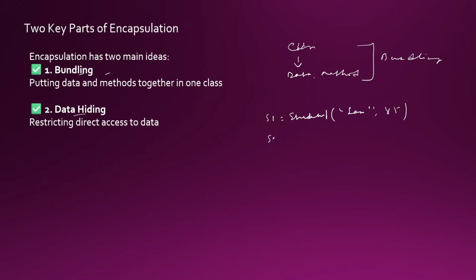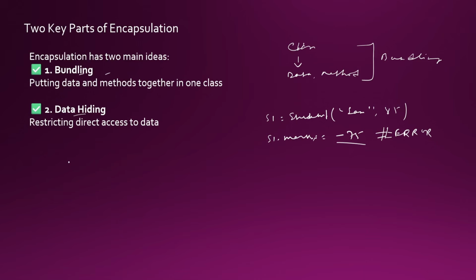Now if I write s1.marks equal to minus 75, this is wrong. It will show an error, because this is a completely invalid value; marks cannot be negative. So to handle this type of error, we need to use data hiding.